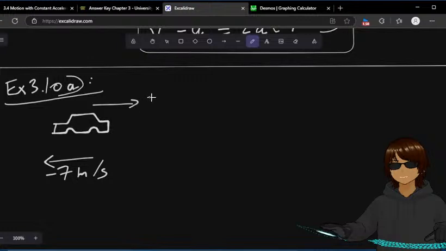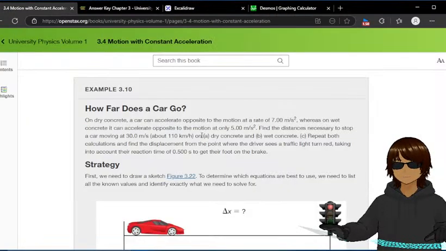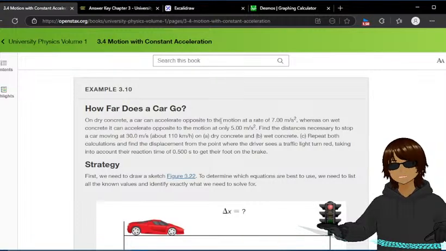So the velocity is 30 meters per second.